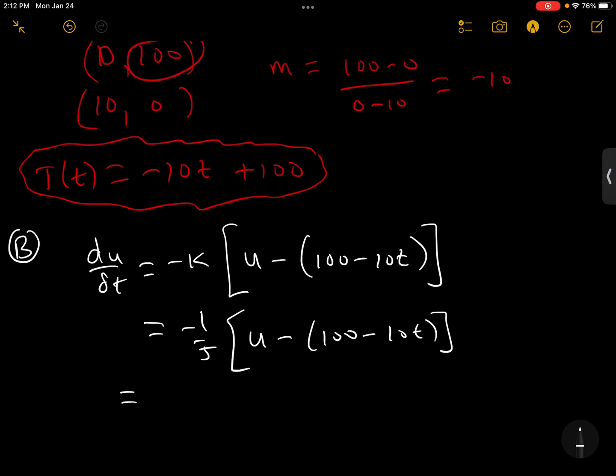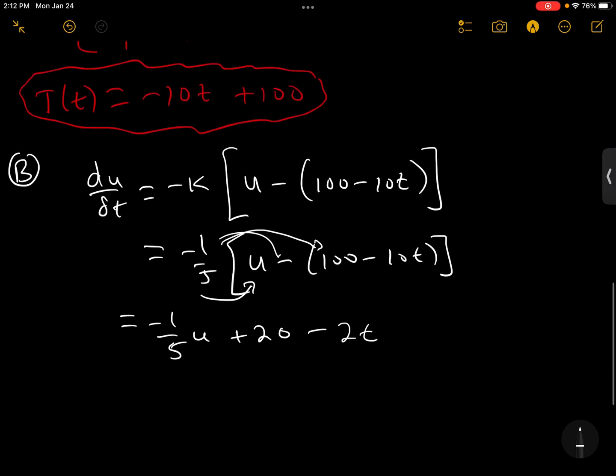Being really careful with our negatives here, we have minus 1/5 u plus 20 minus 2t. Let me check that. This by that is negative. So the next one is a negative times a negative, so it's positive. And then we have negative, negative, negative. Okay, that looks good.